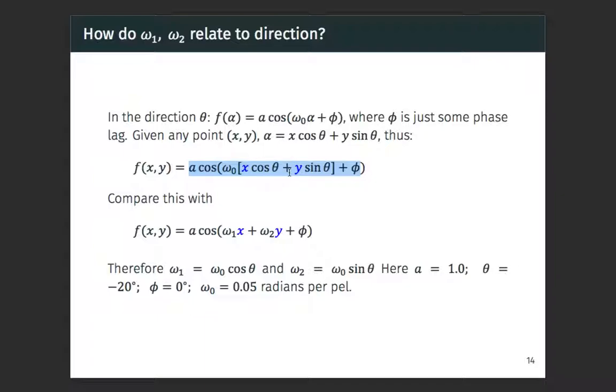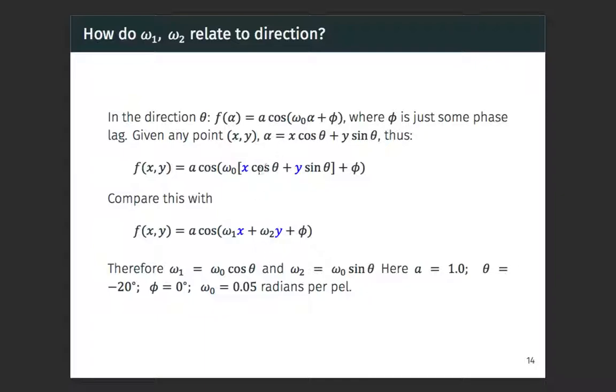In Cartesian coordinates you had omega 1 and omega 2, and now in polar coordinates you have omega 0 and the angle theta where it goes to. These two notations you can go back and forth between. You can go from omega 1, omega 2 to omega 0, theta and back.